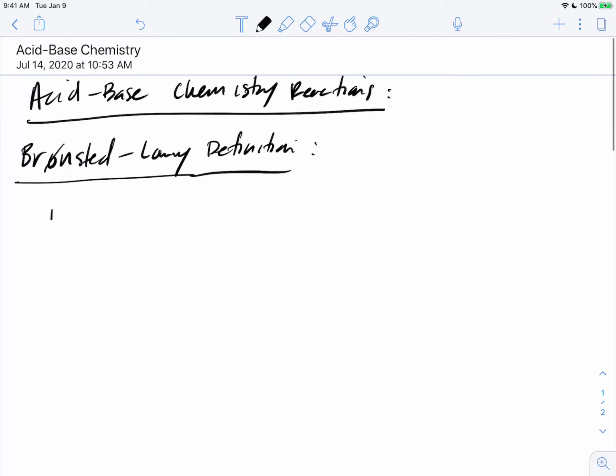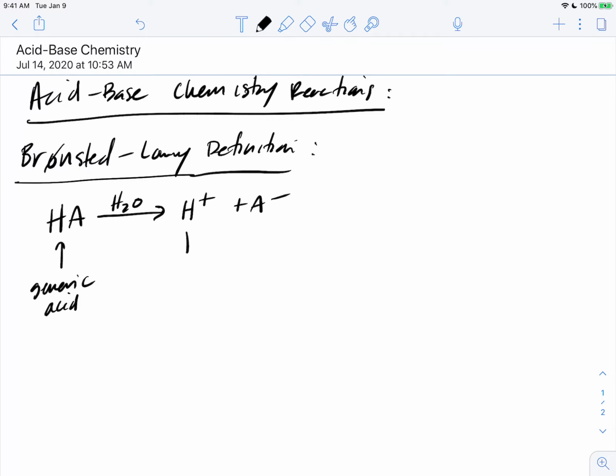We're going to use HA to define a generic acid, where H is what's being transferred and A is everything else. If we put this HA into water, it can dissociate into H plus and A minus, where a hydrogen without an electron is a proton, so sometimes we simply refer to this as a proton.